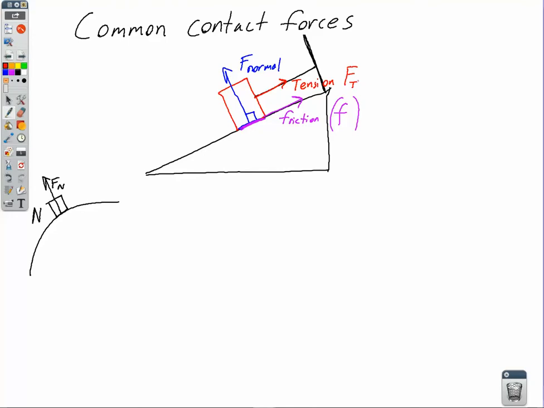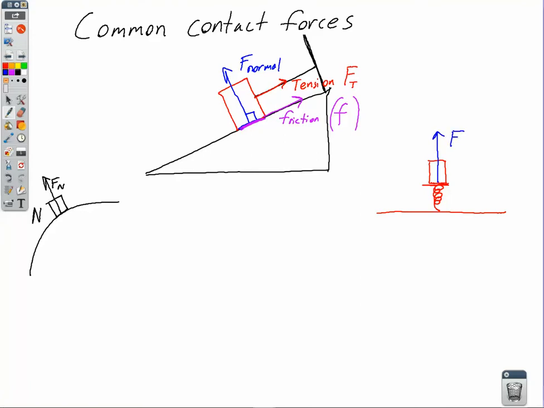All right. Boy, let's see. What other common forces do we deal with? Let's say over here we've got a box that is sitting on top of a spring, and that box is compressing the spring. Okay, so what does the spring do? The spring is pushing up on the box.